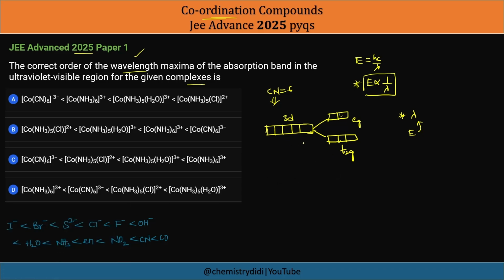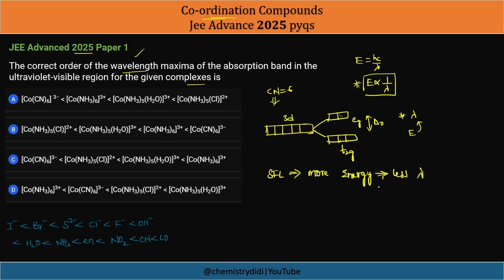See, here one more concept that you need to understand. Here the different types of ligands they have given, so we will compare the energy levels. Here the strong ligands cause larger splitting. Larger splitting means more energy, which means less wavelength.